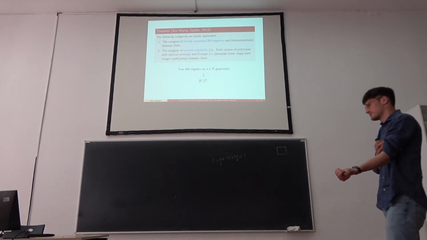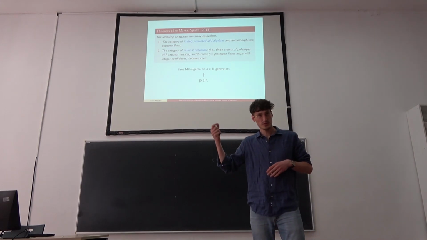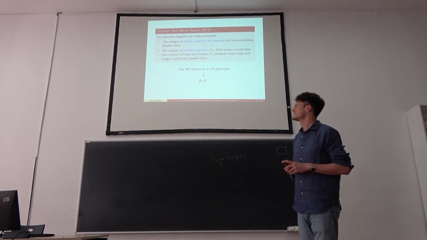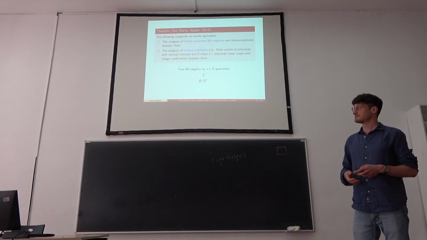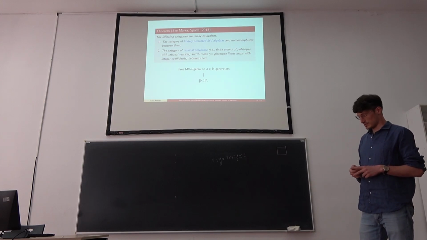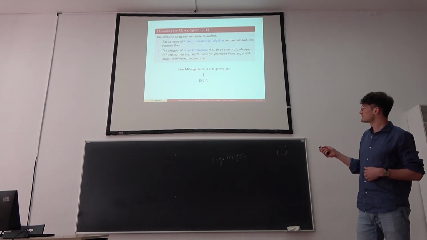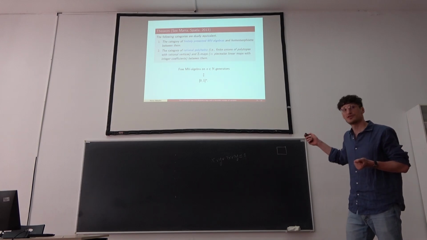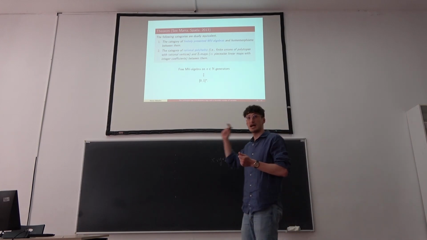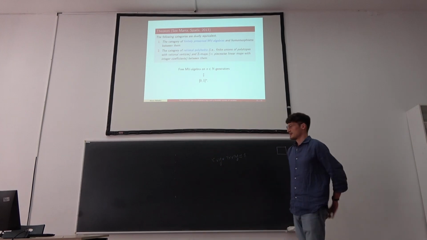Well, we use the duality presented by Marra and Spada between finitely presented MV-algebras and rational polyhedra. And we use the fact that the free MV-algebra on n generators dually corresponds to the hypercube [0,1]^n.